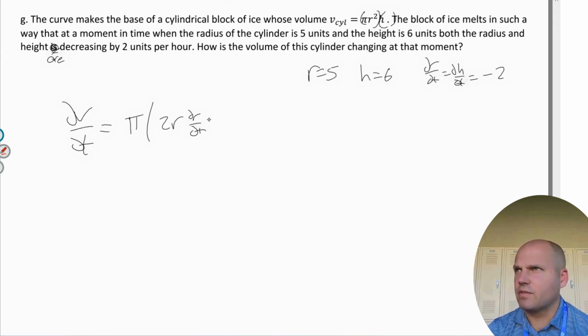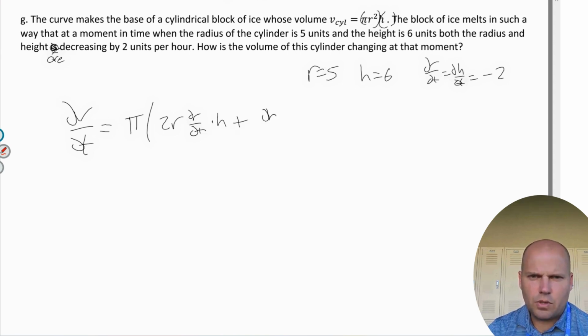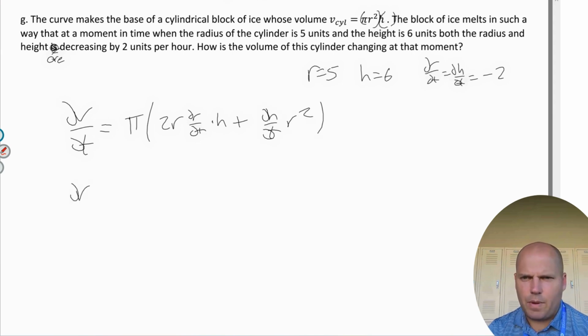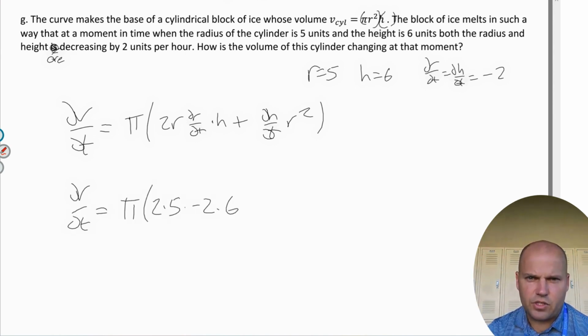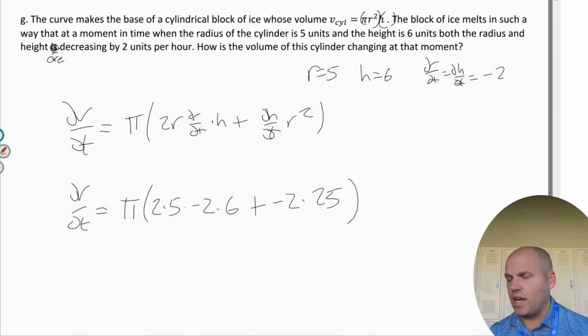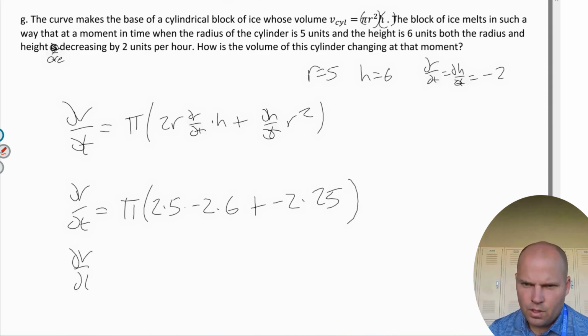I'm throwing this in for day 3 stuff. Derivative of r squared times h, product rule, plus the derivative of h times r squared. We have the pi. dV/dt would be pi times 2 times 5 times negative 2 times 6 plus negative 2 times 25. Leave that as your answer. If you'd like to simplify, you can.